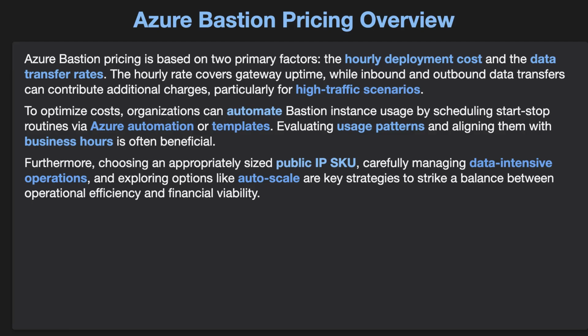Evaluating usage patterns and aligning them with business hours is often beneficial. Furthermore, choosing an appropriately sized public IP SKU, carefully managing data-intensive operations, and exploring options like autoscale are key strategies to strike a balance between operational efficiency and financial viability.